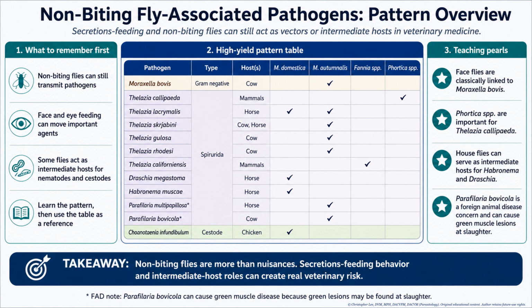Houseflies can be involved in the life cycles of Habronema and Draschia. Fannia species are important in the Thelazia callipaeda story. The takeaway is that secretion-feeding behavior can create real veterinary risk. Ask not only does the fly bite, also ask what fluid or surface is this fly seeking.